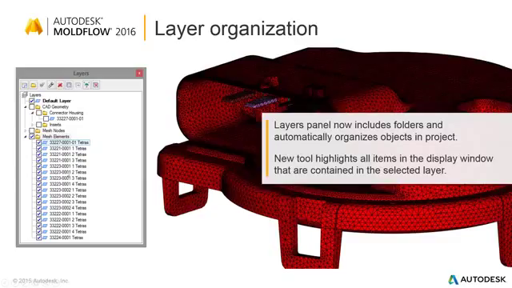So if you hover over this, all the elements in that particular layer would highlight in blue in the model, and it also works the other way around. If you select an element over here and click on the highlight icon, it would jump to where the elements are. So much easier to find out which components are in which layer.